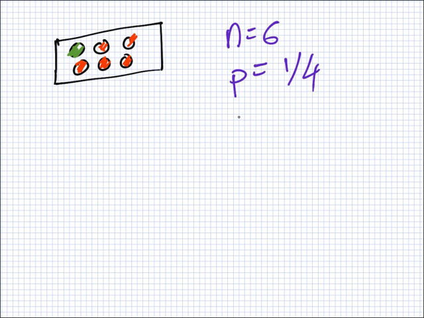It should be 1 over 6. No, it should be 1 over 5. If I have 6 people, how likely is it the first one will be male? 1 over 2.